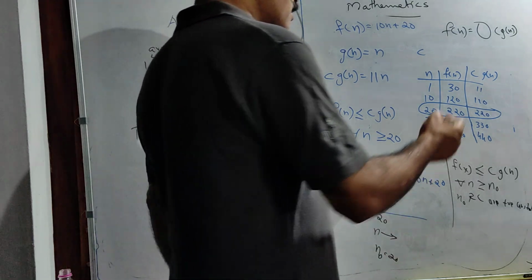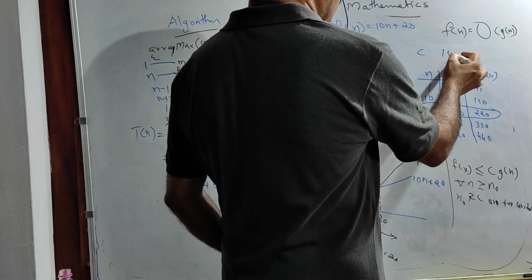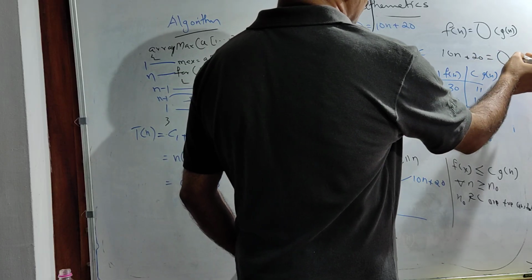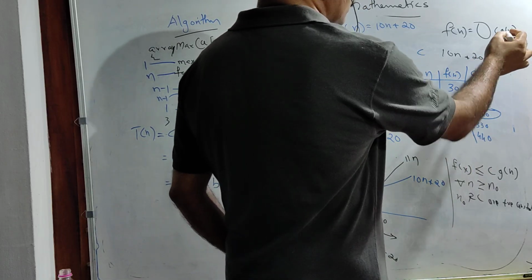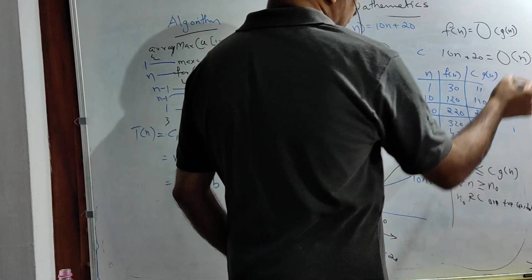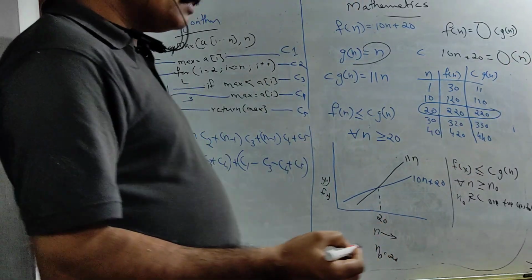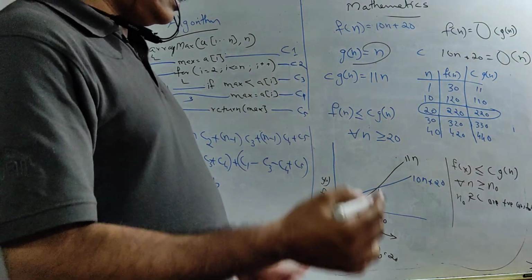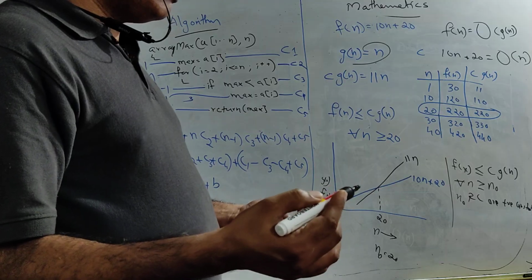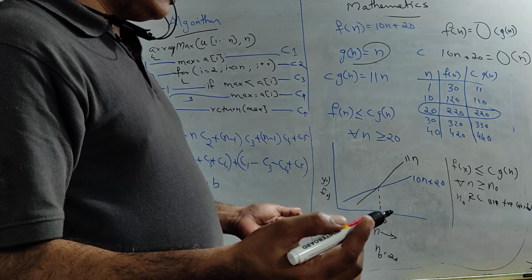Okay, that is 10n plus 20 is of order big O n, where g of n is n. 10n plus 20 is big O n. That is, when n becomes very very large, 10n plus 20 will behave like n.